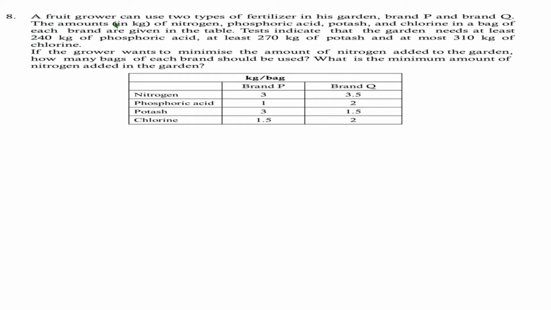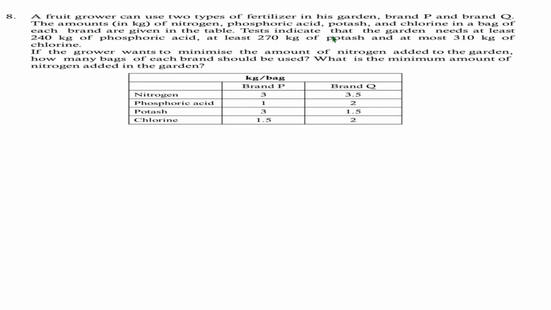a fruit grower can use two types of fertilizer in his garden, brand P and brand Q. The amounts in kg of nitrogen, phosphoric acid, potash and chlorine in a bag of each brand are given in the table.